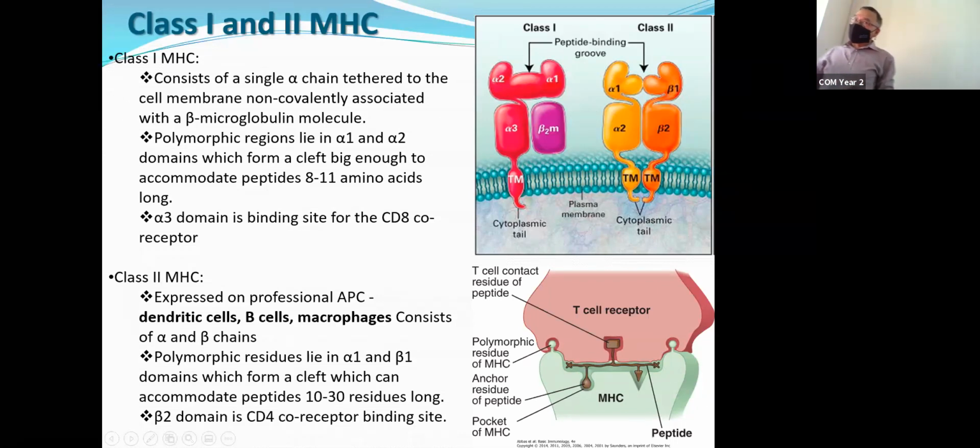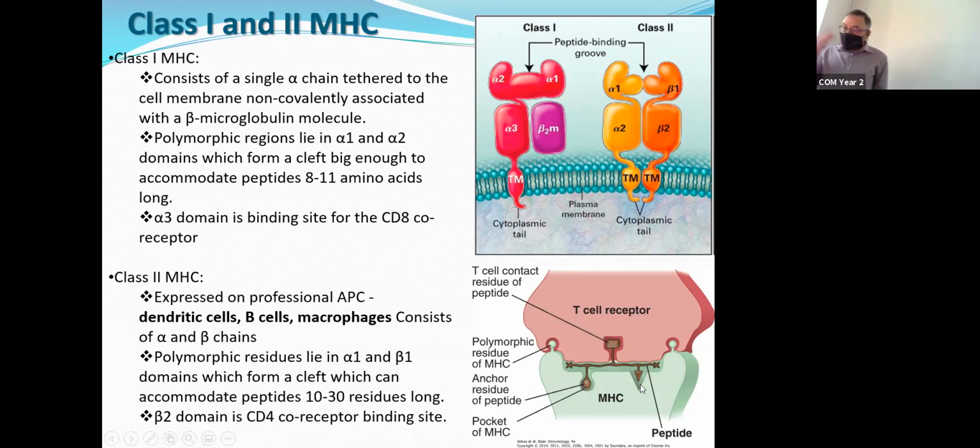Remember I said that peptides or epitopes are composed of amino acids. Each amino acid differs with regard to the side chains it has. So depending on what amino acid is within this peptide will determine whether this epitope or peptide can sit or fit within this groove.